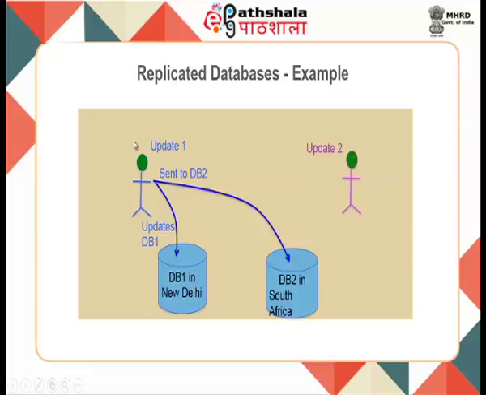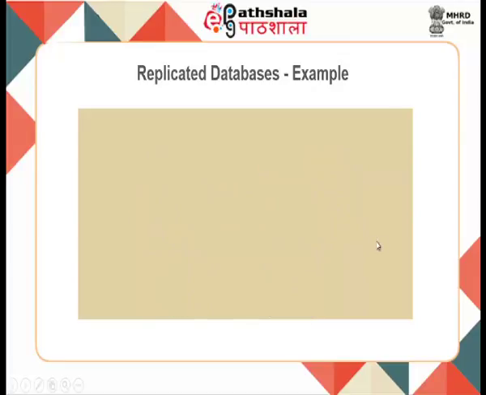Now, when the first user does update 1, it executes and the result is sent to DB1 and also to DB2. Similarly, when update 2 happens, it is updated in DB2 as well as in DB1.